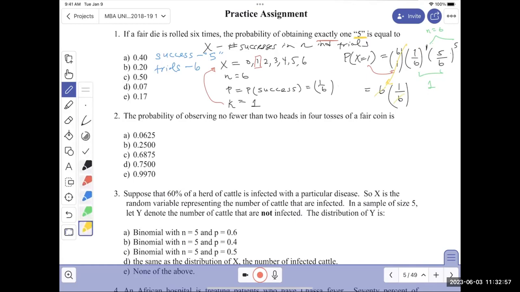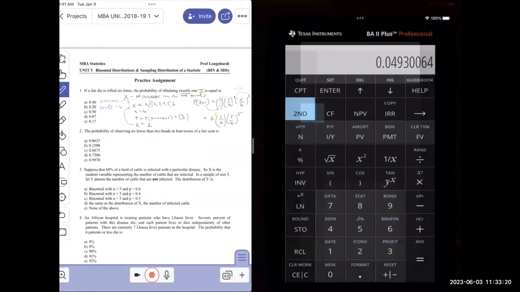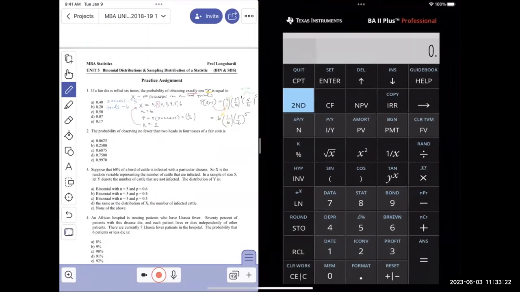And all I'm going to have to put in my calculator is 5/6 to the power 5. So that's all I'm going to put on my calculator. 5 divided by 6 to the power of 5. And that's my answer.